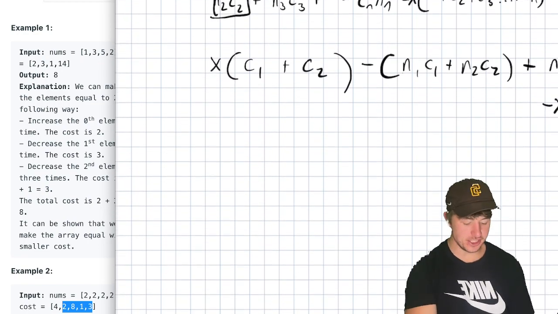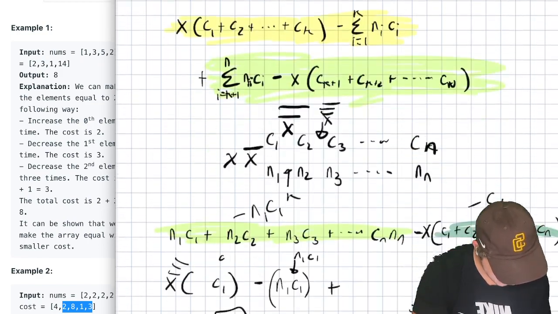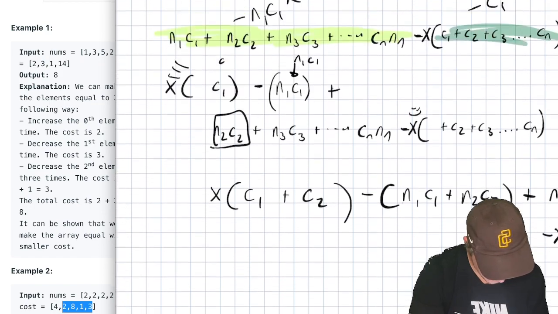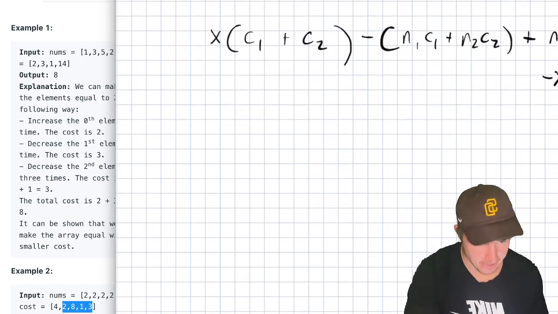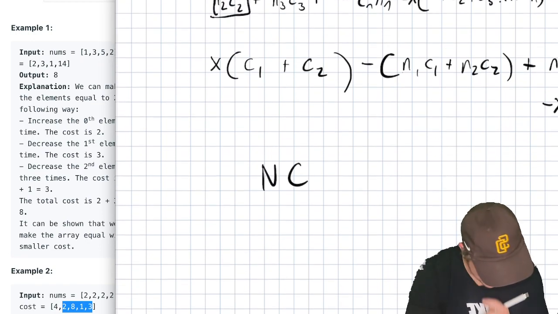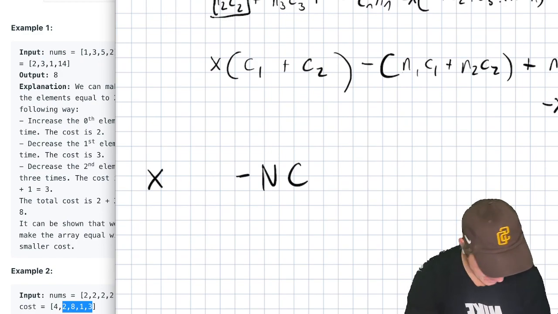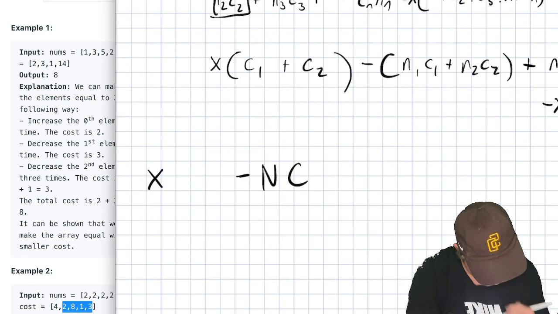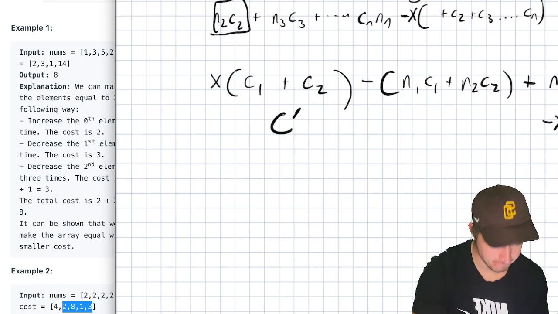So with relationship to the initial formula, right, which is lost now because we've done so much. If I call this whole thing NC, let's do it with relation to this. We'll call this thing big C prime.